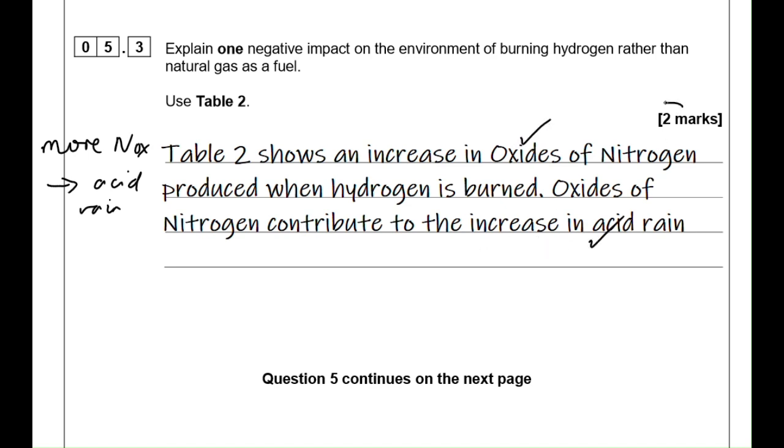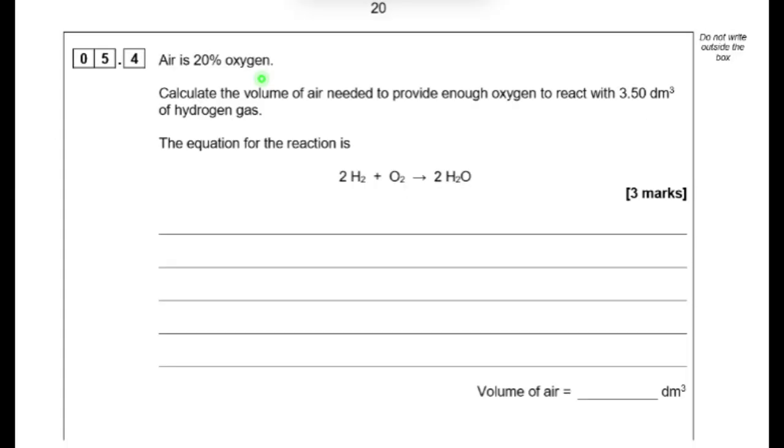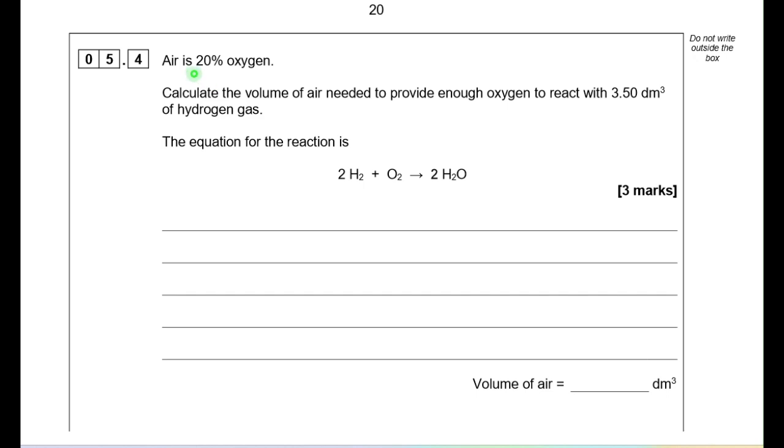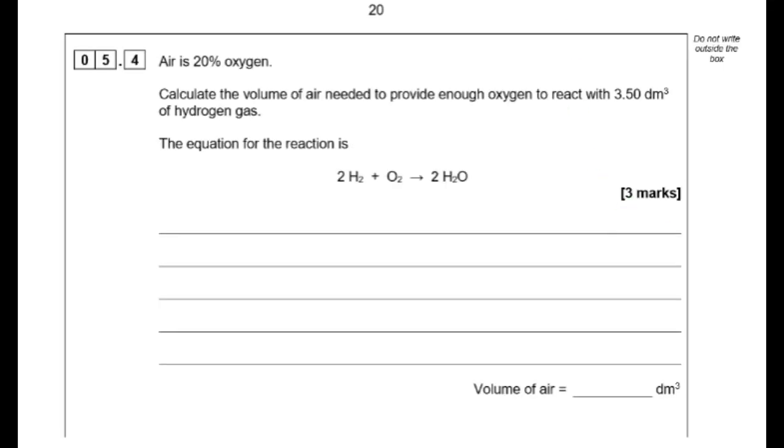2 marks. Over the page for 5.4. Air is 20% oxygen. Calculate the volume of air needed to provide enough oxygen to react with 3.50 decimeters cubed of hydrogen gas. The equation for the reaction is 2H2 + O2 → 2H2O, and it's for 3 marks. Now, the key fact in this calculation is that 1 mole of any gas occupies the same volume at room temperature and pressure.